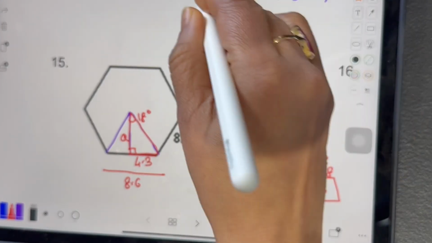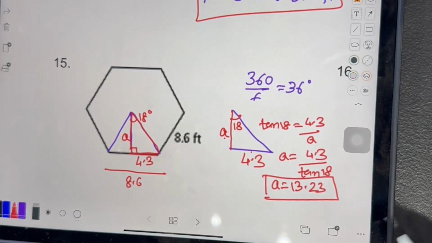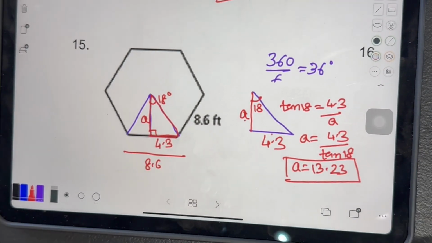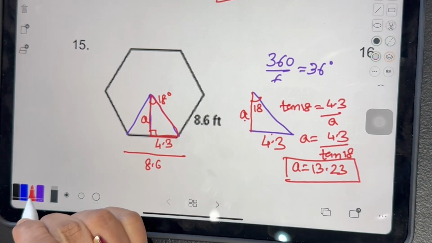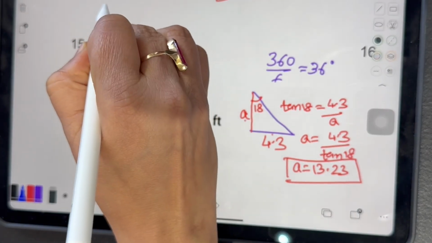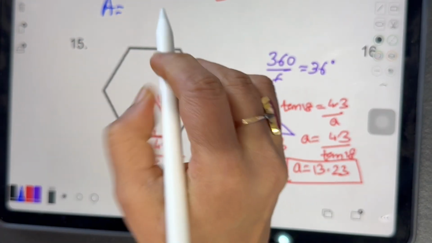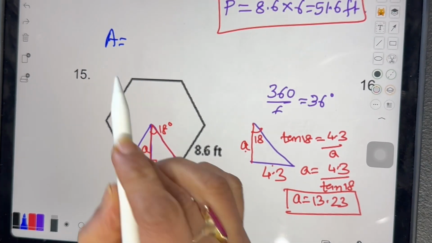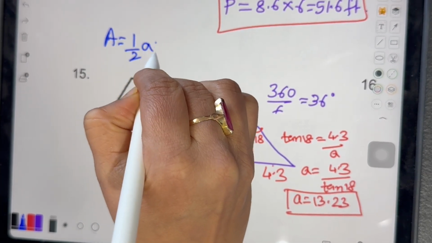This is the apothem and this is the perimeter. Now you have the apothem and you have the perimeter, so now you can find the area. What was the formula for area? Area is equal to half apothem times perimeter.